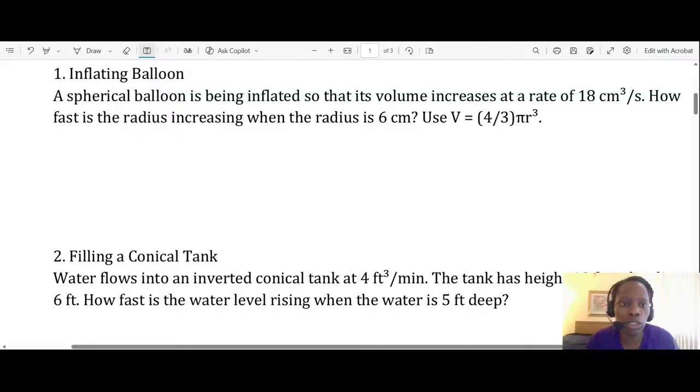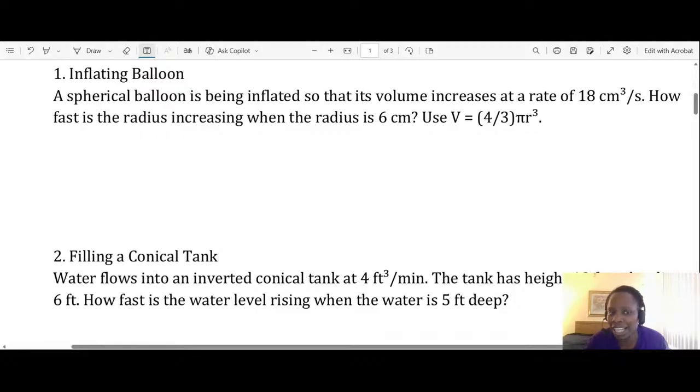A spherical balloon is being inflated so that its volume increases at a rate of 18 cubic centimeters per second. How fast is the radius increasing when the radius is 6 centimeters? Now, there's a nice little hint that tells you what the volume of a sphere is, 4/3 pi r cubed.